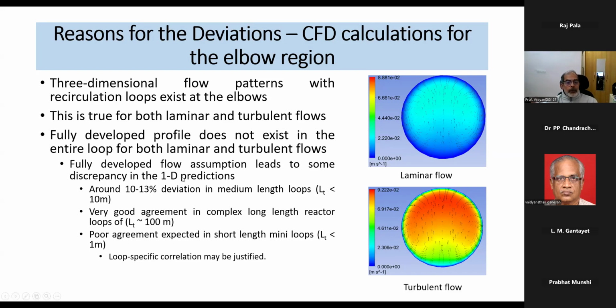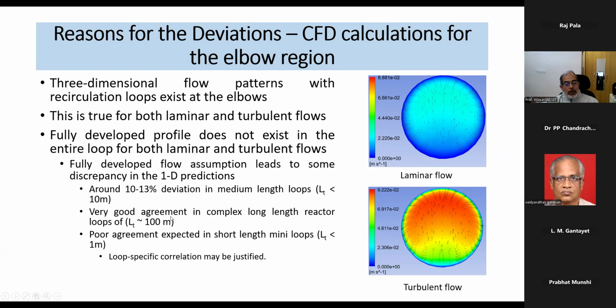And here we are finding that, in comparison with the 1D code, you get about 10 to 13% variation, which is good if your total circulation length is less than 10 meters.